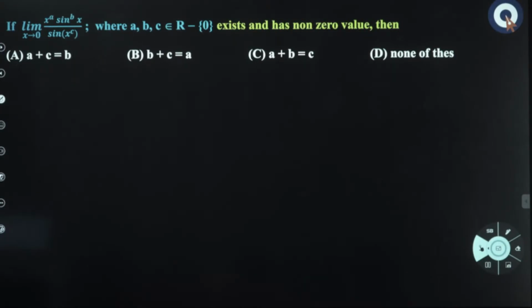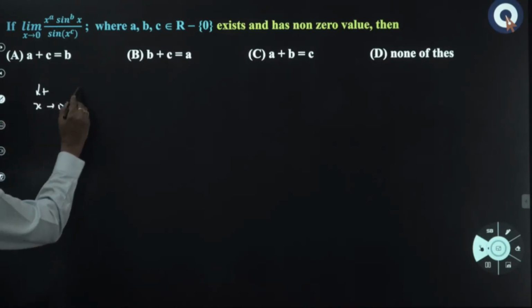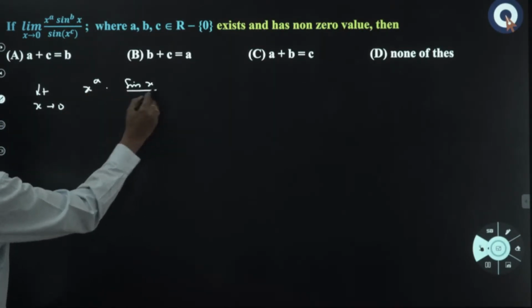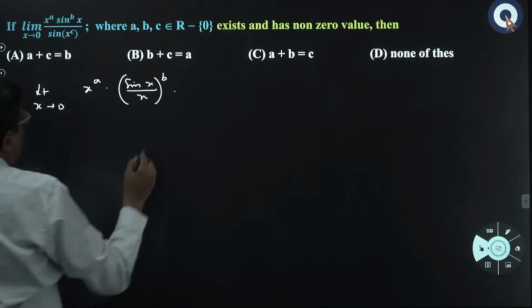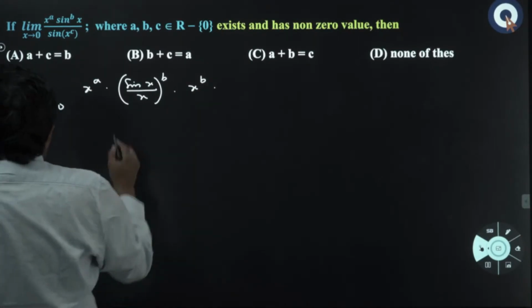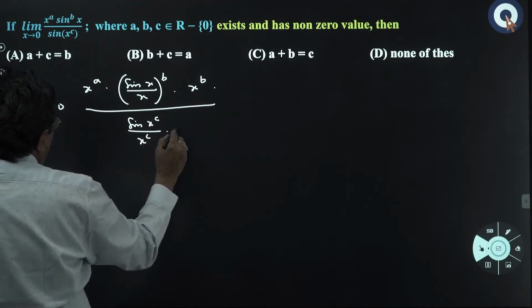We can write this as the limit as x tends to 0 of x^a (sin x / x) whole power b, simply write it, and because we are writing x^b, we must compensate it immediately, and in the denominator we have (sin x)^c, therefore compensate it by writing x^c.